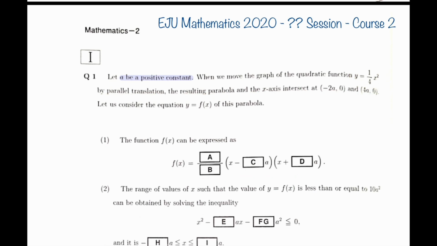As you can see here, my parabola intersects the x-axis at (-2a, 0) and (4a, 0).